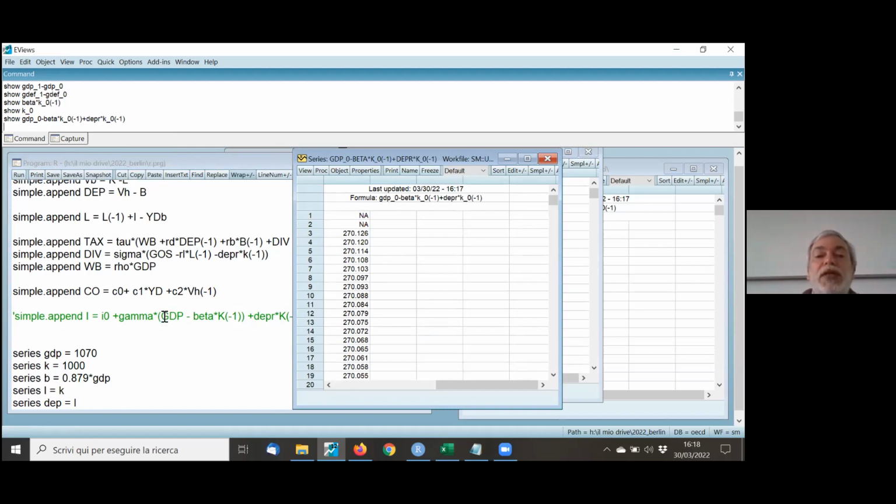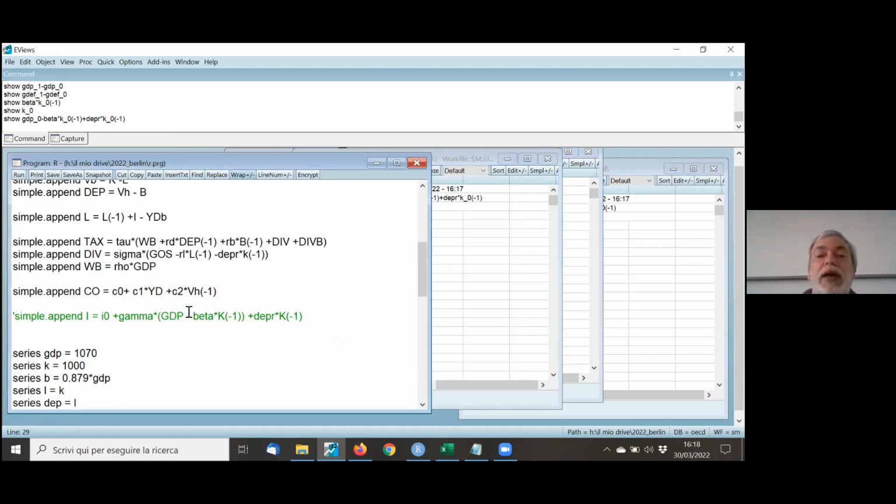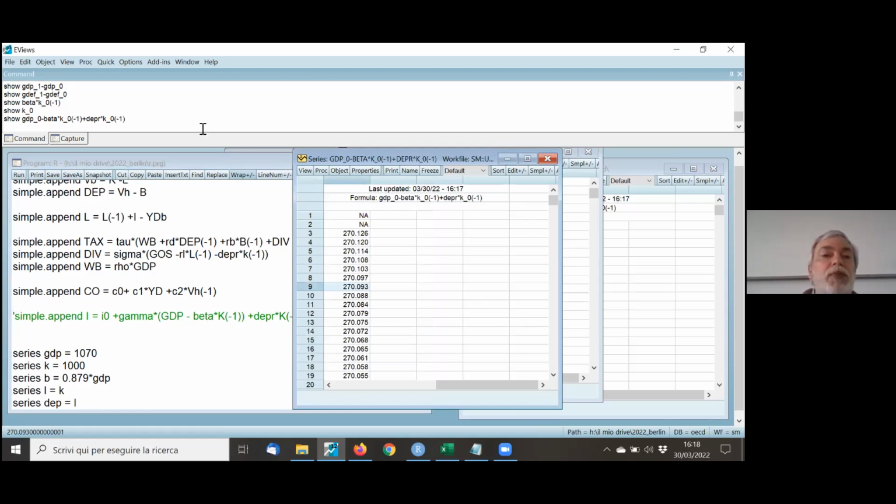So in the steady state, we want GDP minus beta k minus 1 to be 0, so that this is not increasing with respect to the depreciation. So we want our beta to be equal to the GDP over the opening stock of capital.